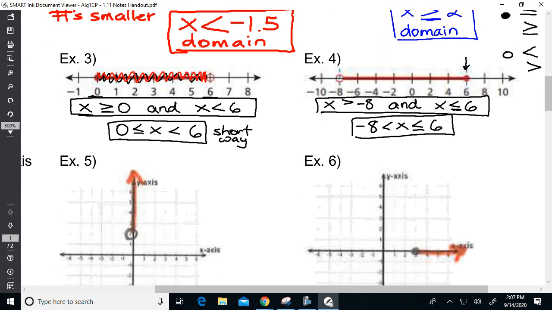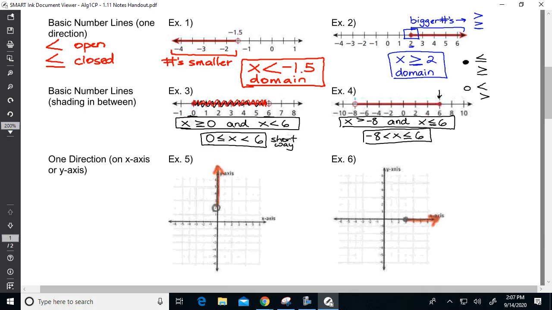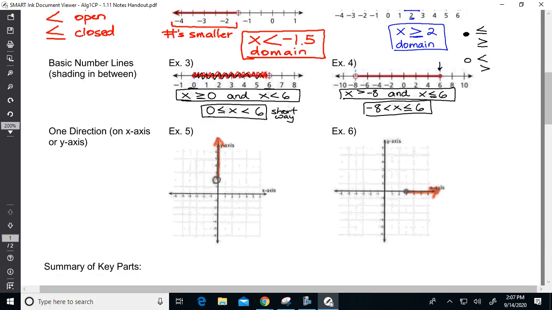Okay, the last two examples we'll look at involve a graph where you're only going in one direction. So if you have a graph, x-axis, y-axis.